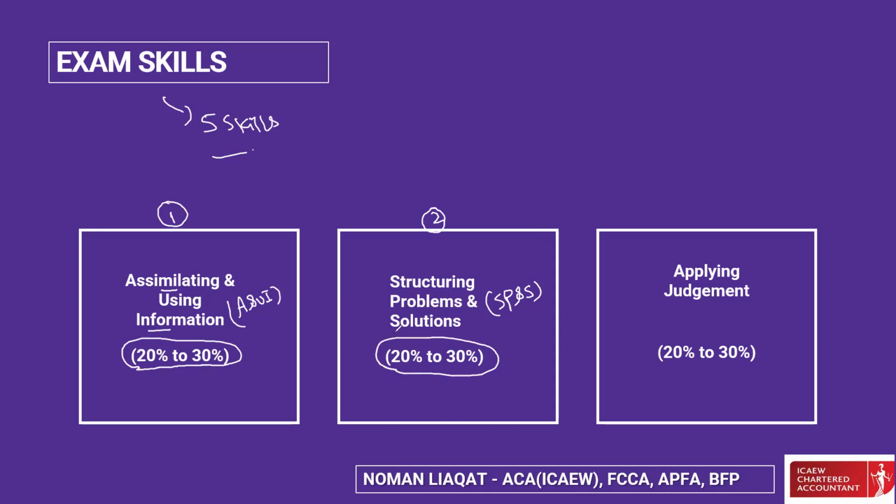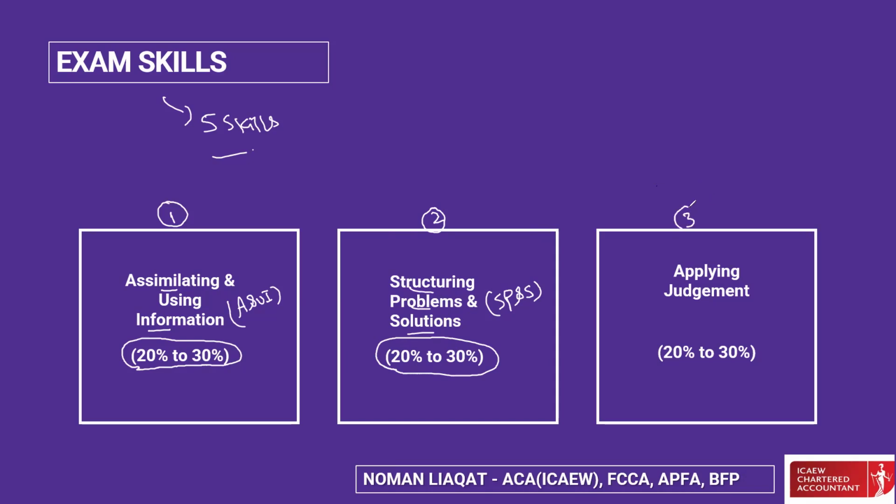What is structuring problems and solution? This is basically the next step of skill one. So we have to structure our problem. We should start providing a little bit of solutions to the problem. This is called SP and S.